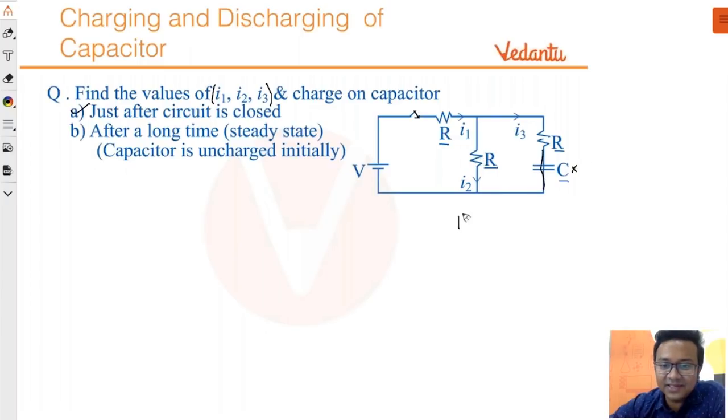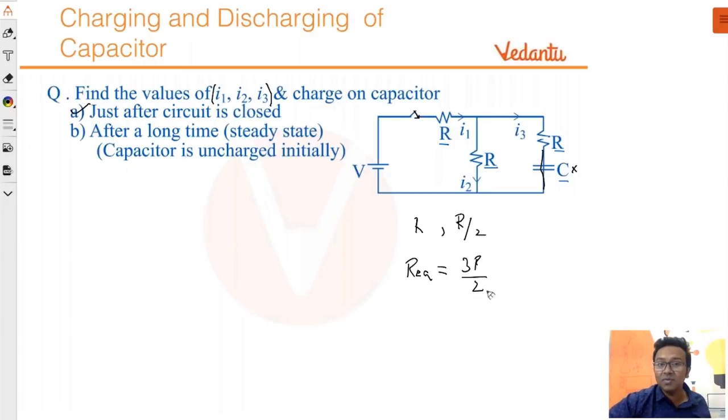So their equivalent resistance is going to be R by 2, which is in series with this R. All right. So the net resistance of the circuit is going to be nothing but R equivalent equals 3R by 2, my dear students. Okay, then what will be the current drawn from the battery or from the cell?